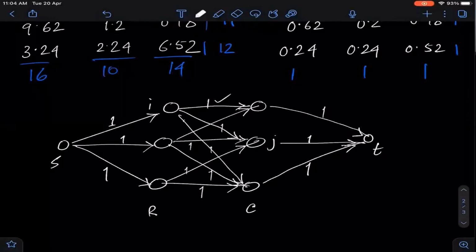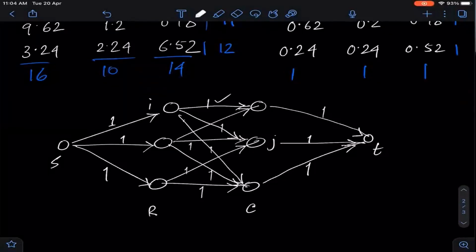Now here is the first question. I claim that there should be a feasible flow of value 3 in this network. Why can I claim this?